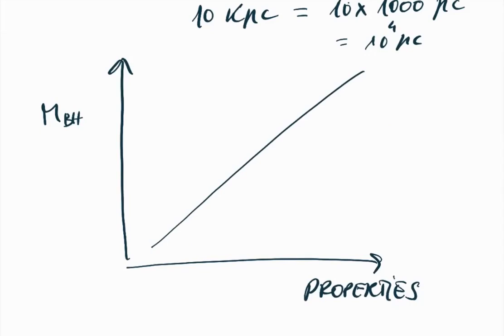Actually, it is very easy to get lost in details here. But okay, let me back up, because I'm probably confusing you. Okay, let's say this is the velocity dispersion of the host galaxy in kilometers per second.